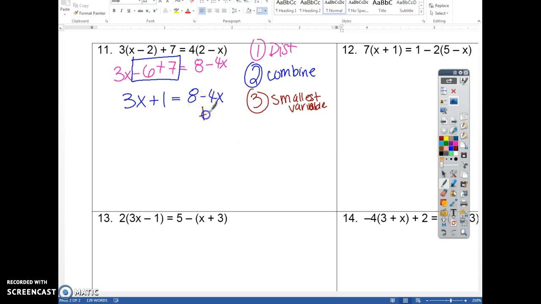So we're going to move our negative 4x to the other side. Okay? So then what do we have? 7x, and you have to make sure you bring everything else down. Okay? So you're bringing down the plus 1 and the equal sign, right, because it equals negative 8. Okay? Now what's our next step?